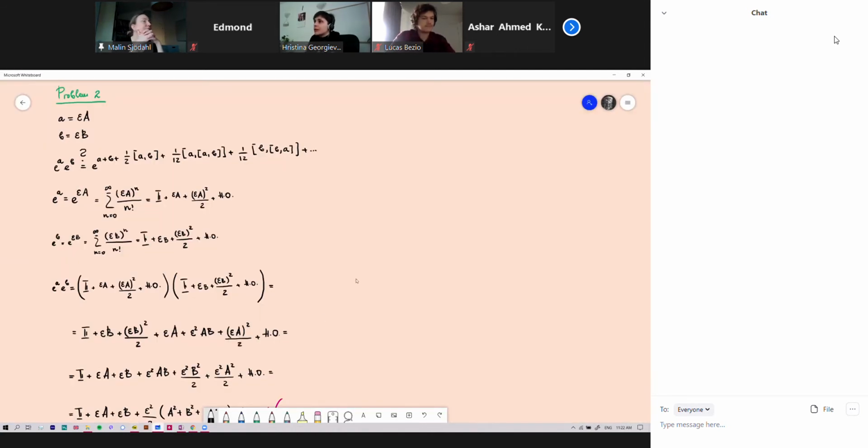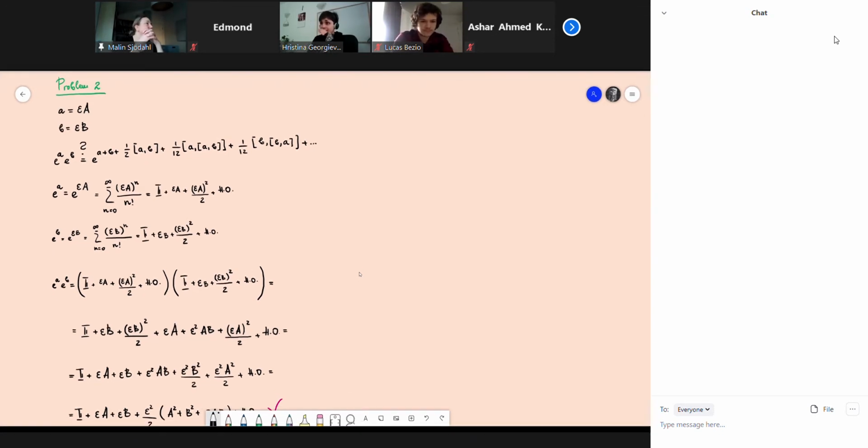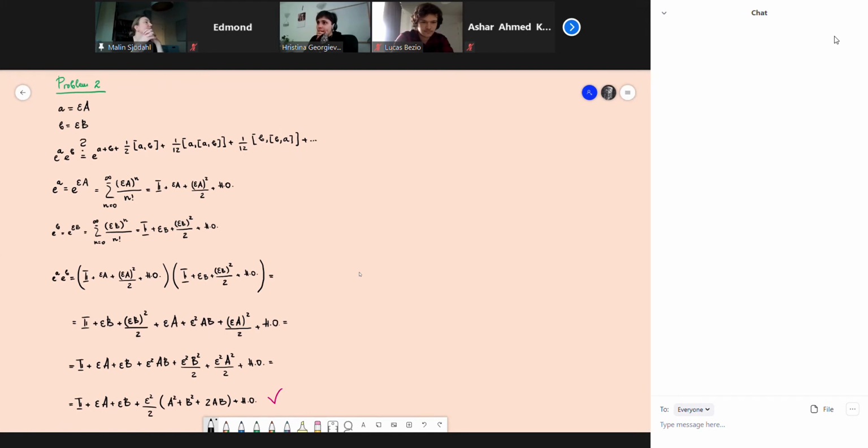If we go to the pink screen here. Okay, so we define those generators epsilon A and epsilon B, and we need to prove this thing over here. So we write out e to the power of A as e to the power of epsilon A, and we expand it as a Taylor series, where this thing over here is how I write the identity matrix.